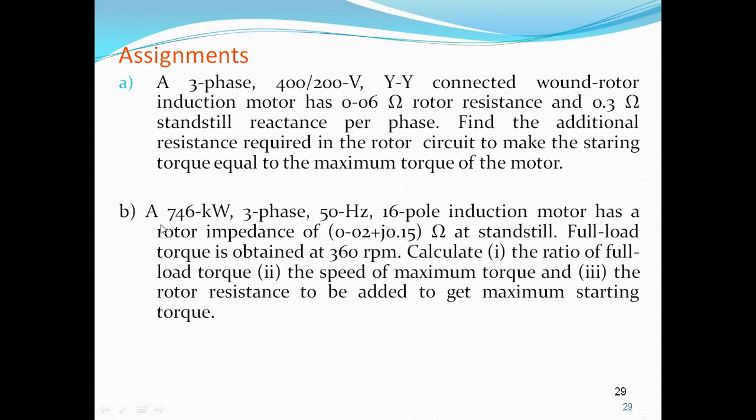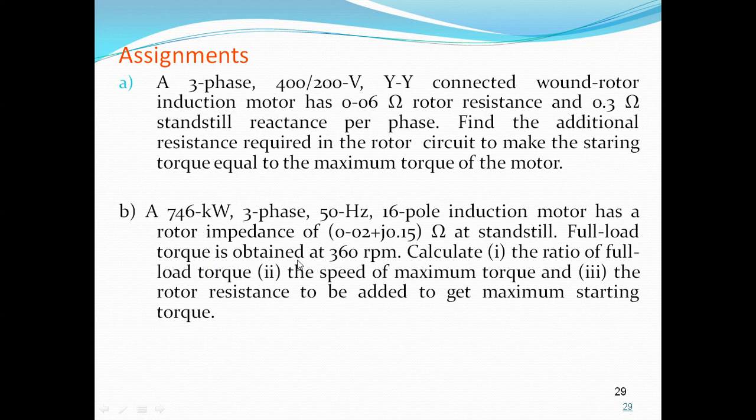Next problem. A 746 kilowatts 3 phase 50 Hz 16 pole induction motor has a rotor impedance of 0.02 plus j 0.15. 0.02 is the resistance, 0.15 is the reactance at standstill.